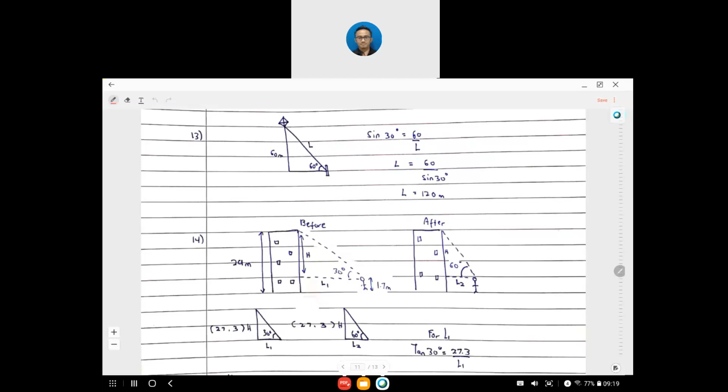Find the length of the string, assuming that there is no slack in the string. This one is the same also. If you misunderstand, it's finished.